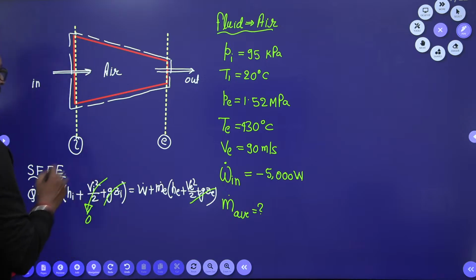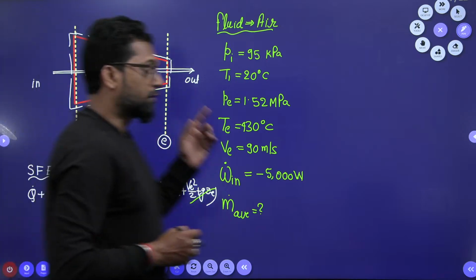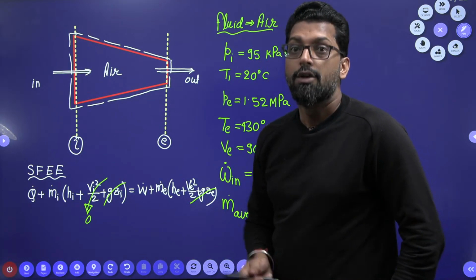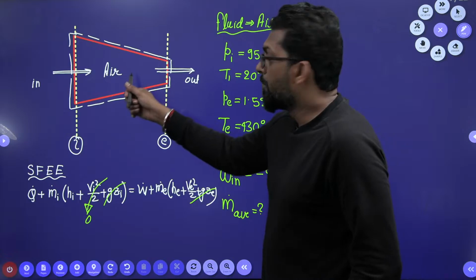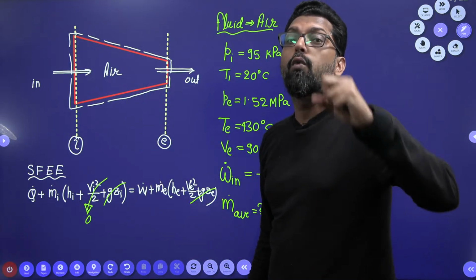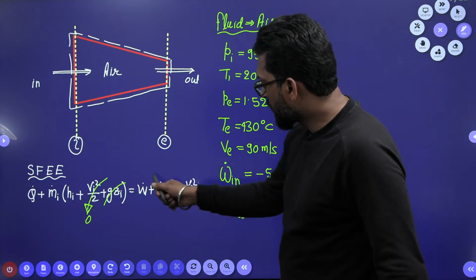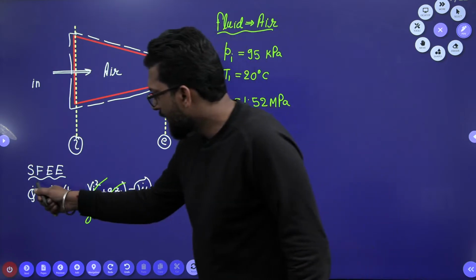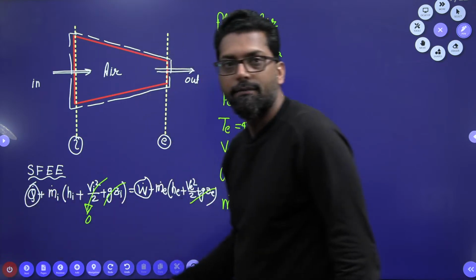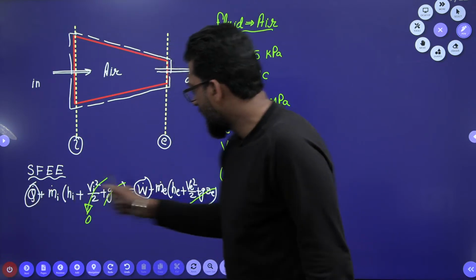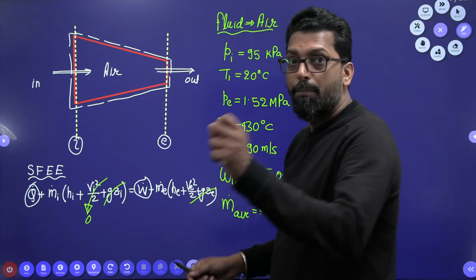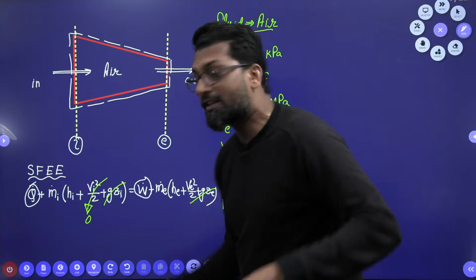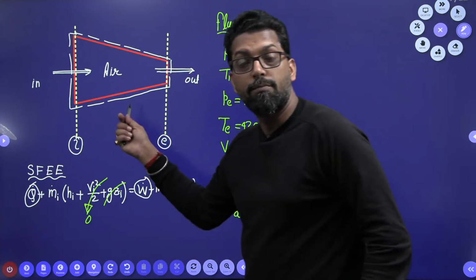And see, my dear, in the question the condition of heat transfer is not given. See, the compressor is a work input device. In the comparison between the net heat transfer and the net work transfer, the net work transfer is much more than the net heat transfer during the compression process.